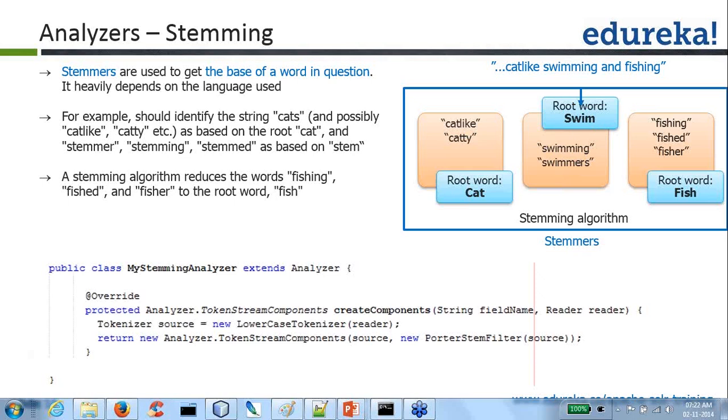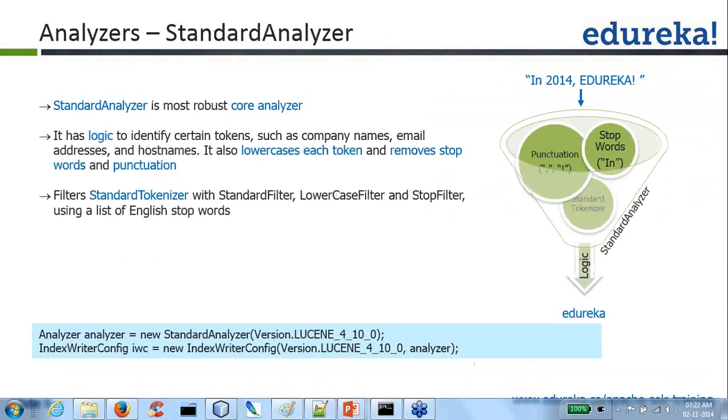In those cases you may have to use something called stemming. Similarly, say your document has fishing, fished or fisher. If someone is searching for fish or fisher or fished or fishing, irrespective of which word they are searching with, it has to match this particular document.